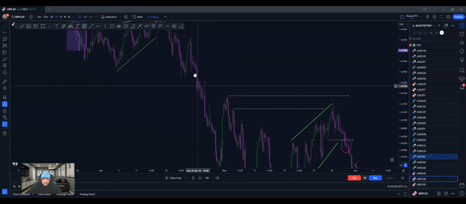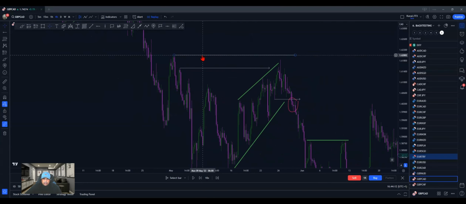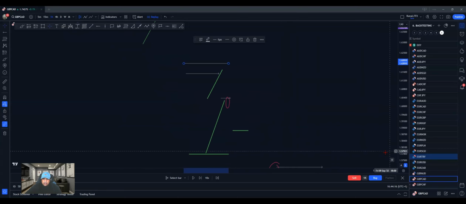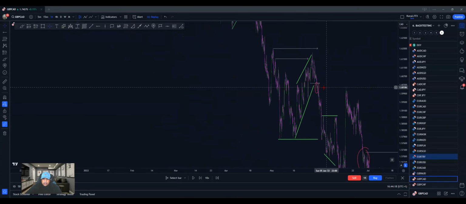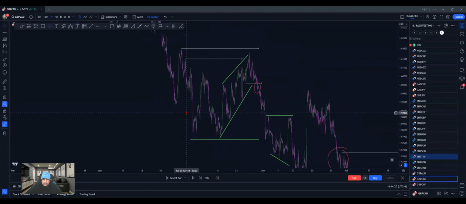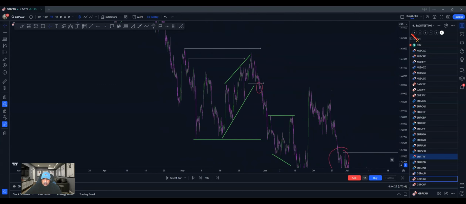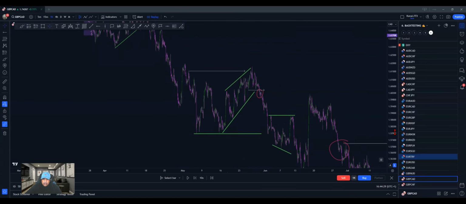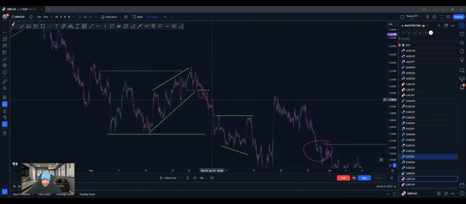Over here, there's nothing. And then that did get tapped into. So let's go back to the 1. Alright, so we know that the ray line was coming into this area, so this is the large continuation with a continuation. Yeah, there's literally no trade there for me. There's no trade there, that's a squeeze.